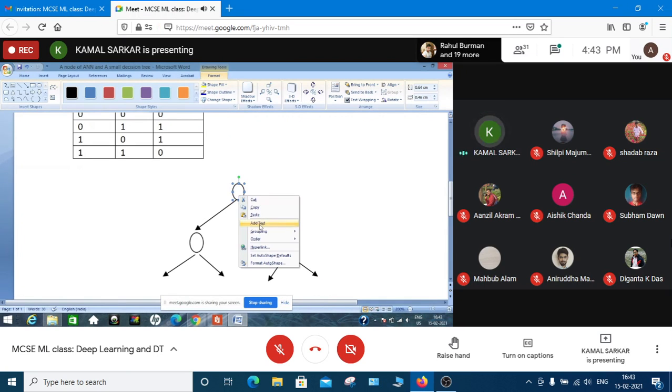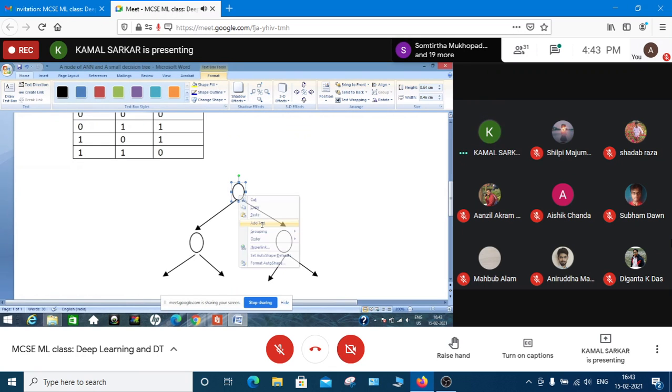The shape of the first node is x1, the attribute.